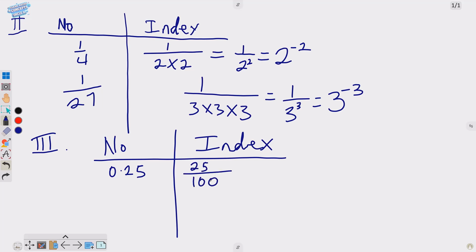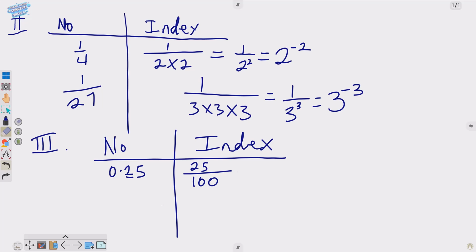You remove the decimal, so you have 25, divided by 1 for the decimal. Then how many digits do you have after? Which is 2, right? So you have 0, 0. I hope that's clear. So that's how we got 25 over 100.